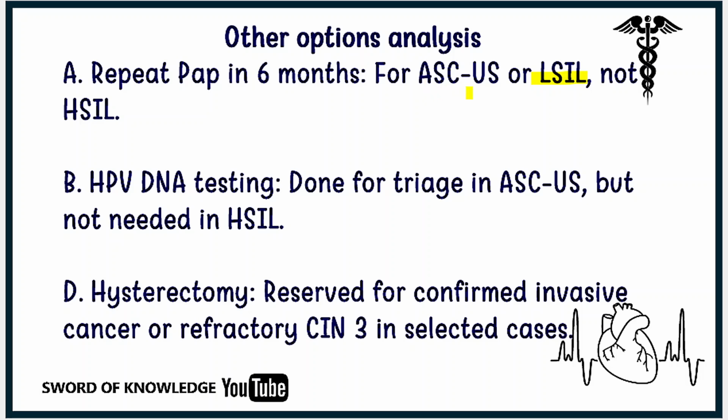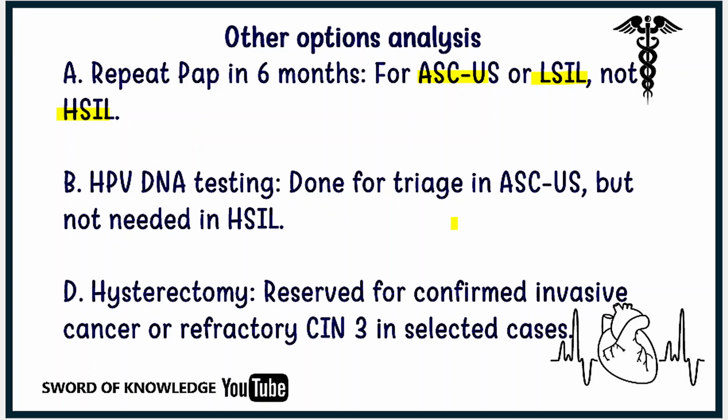This is called ASCUS, atypical squamous cells of undetermined significance. When we have these kinds of results, we ask the patient to come after 6 months and we repeat the pap smear. This is not the case with HSIL. Our patient has HSIL.